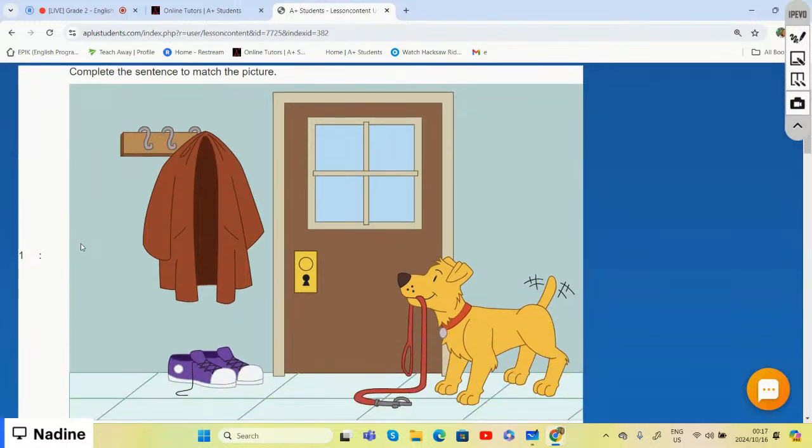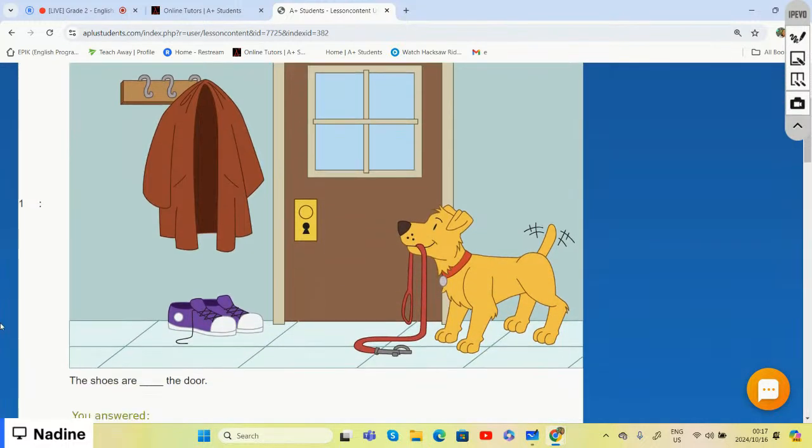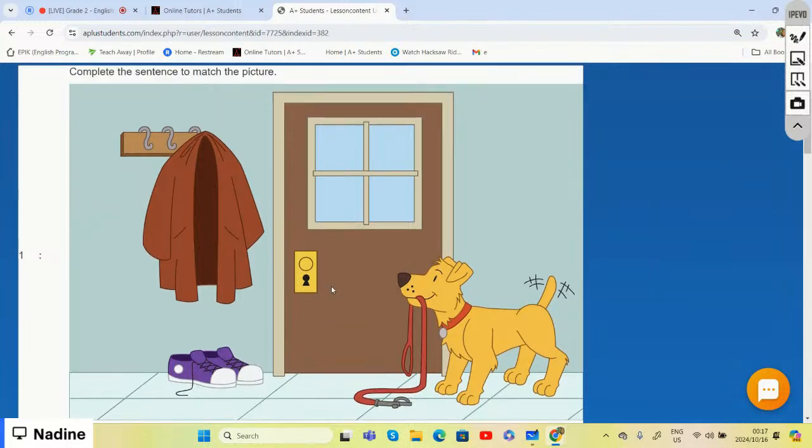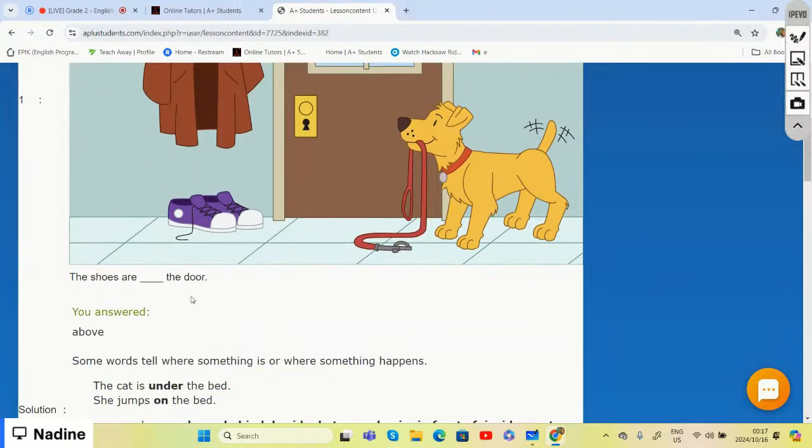All right, so we need to complete the sentence that matches the picture. The shoes are the door. Here we have the door. Where do you think the shoes are?